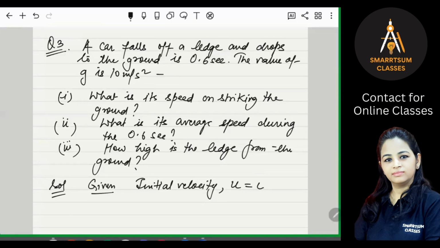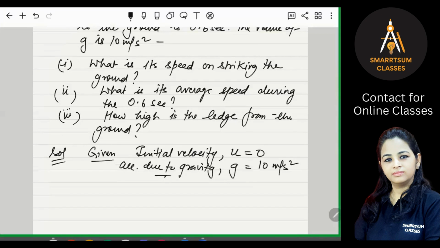So u is 0. Now what is g, the acceleration due to gravity? It is given here, so since it is given, we will take this value. Otherwise, we will take 9.8. Here it is given 10 meter per second square, so g is 10 meter per second square.